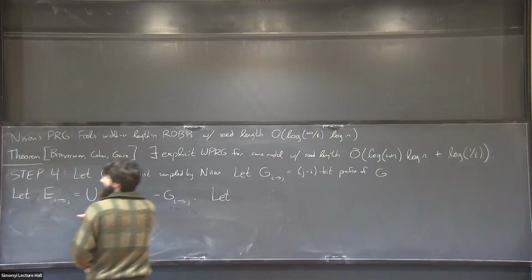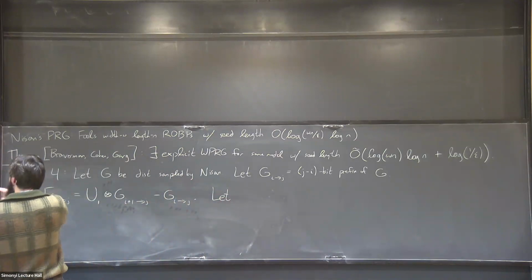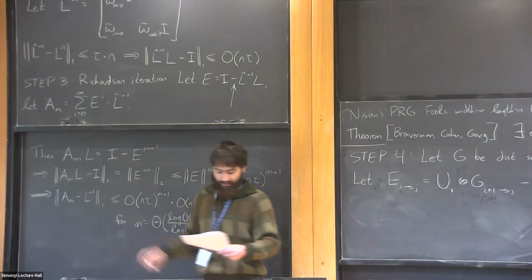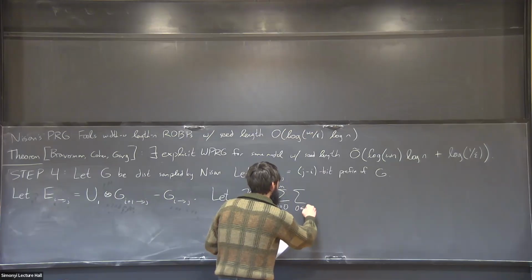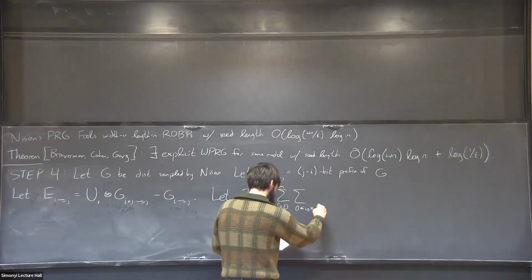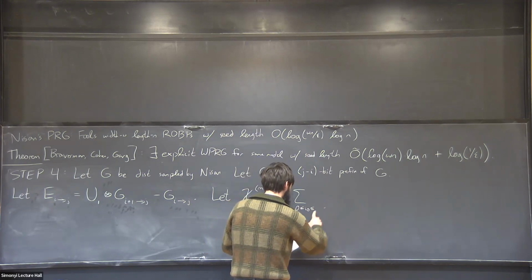So this E corresponds to that E, and then the Richardson iteration here, this A sub m, what that corresponds to, when you reverse engineer it, we'll call this fancy X superscript M. It's the sum, and then you have to sum over all breakpoints in the middle of this program.